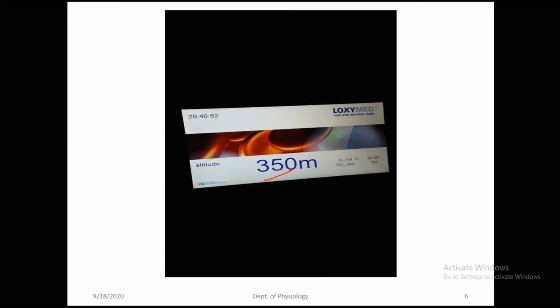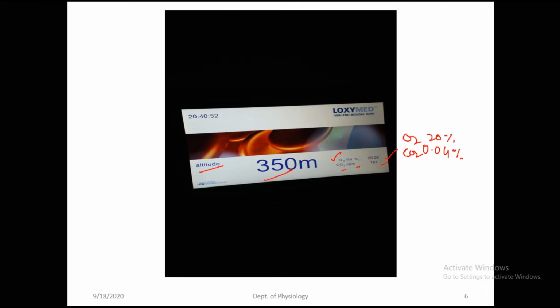At 350 meters altitude, at sea level, we can see the oxygen concentration is 20%, and the carbon dioxide concentration is 181 ppm, which is equivalent to 0.04%. 20% is oxygen. So this is at a normal level when the altitude chamber or hypoxic chamber is at resting state or off state.